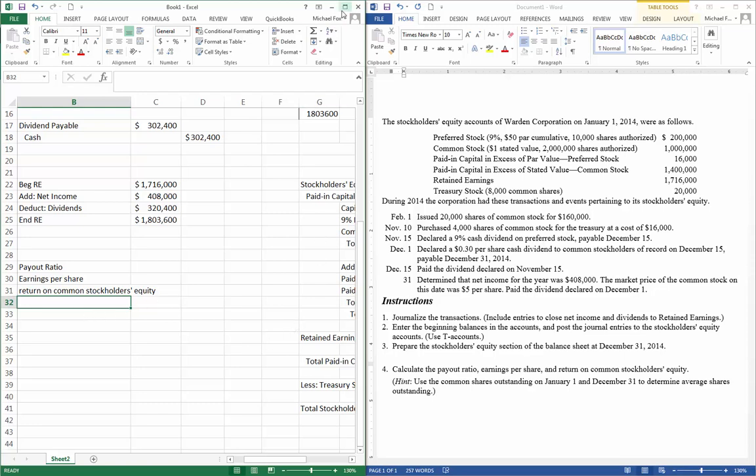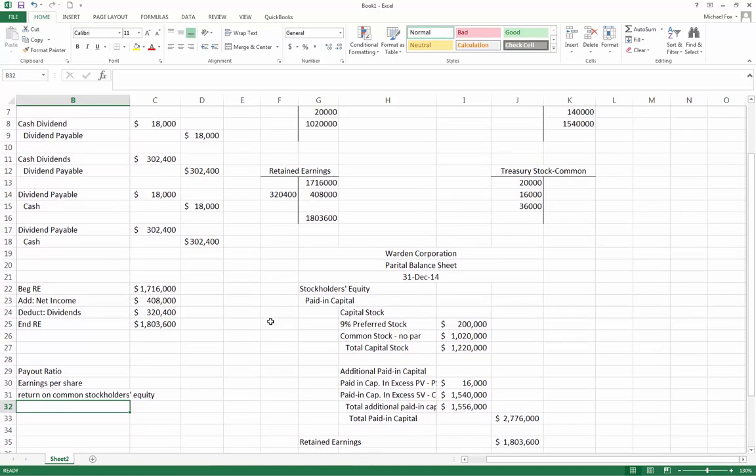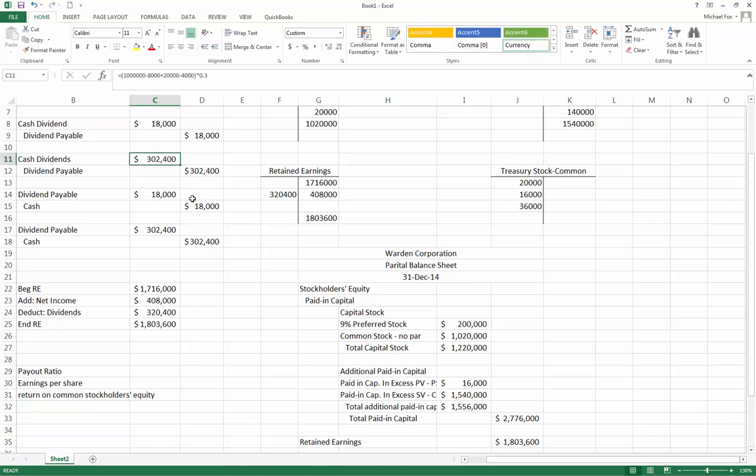All right. So first of all, to find the payout ratio, all we have to do is take our payout, our dividends on our common shares, which would be right here, the 302,400, and divide that by the net income. That's the payout ratio.